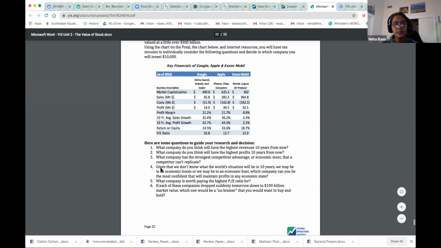Now, number 4, given that we don't know what the world situation will be in 10 years, we may be in an economic boom or we may be in an economic bust. Which company can you be the most confident will maintain profits in any economic state? So in number 2, we talked about how Apple is probably going to have the highest profits 10 years from now.